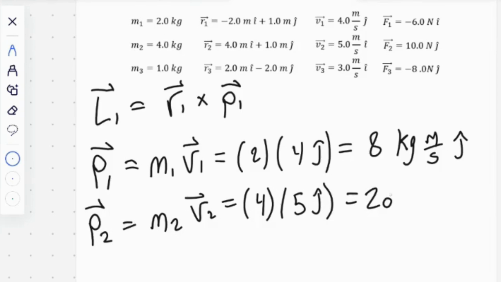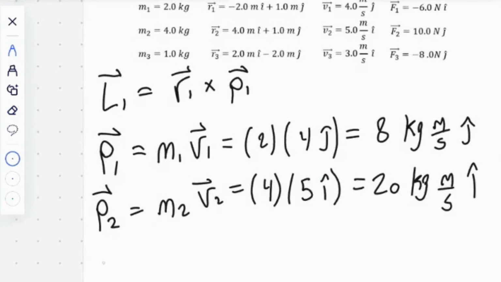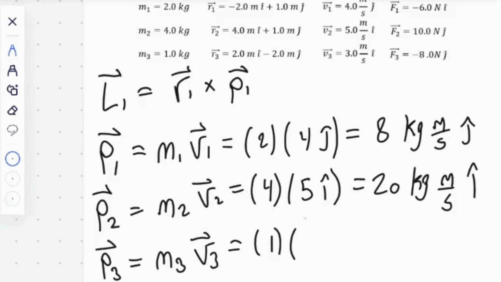Okay, so that'll give us 20 kilogram meters per second in the I-hat direction. Oh, this should be I-hat as well. Okay, and then the last one, linear momentum of object 3 will be the mass 3 times velocity 3. So that will be 1 times 3 I-hat.